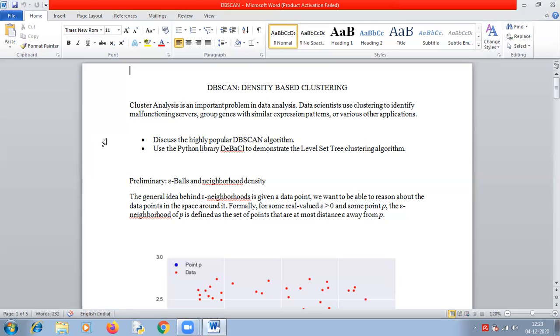While k-means is easy to understand and implement in practice, the algorithm has no notion of outliers. So all points are assigned to a cluster even if they don't belong in any. Correct?